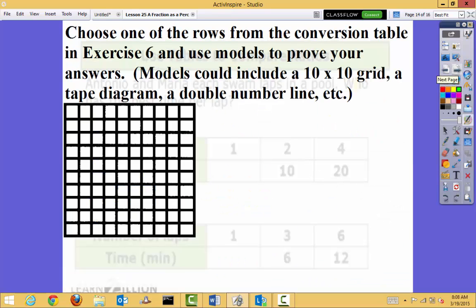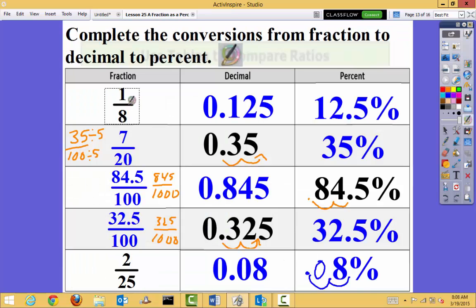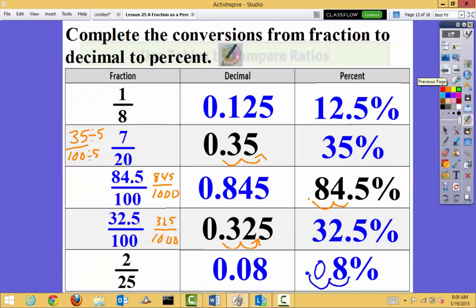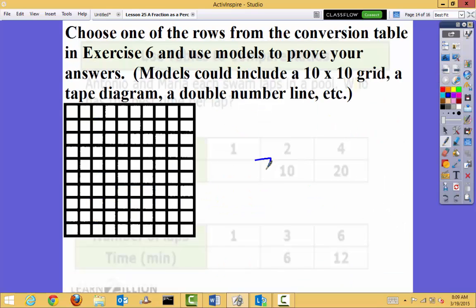Now, here's our last problem before your exit ticket. It says choose one of the rows from the conversion table. So this is my conversion table. I'm converting from fraction to decimal. Choose one of the rows from the conversion table in exercise 6 and use the models to prove your answers. So I'm just going to pick a row. For myself, I think it's going to be easiest if I use this right here. So let's check. 7/20 equals what fraction with 100?